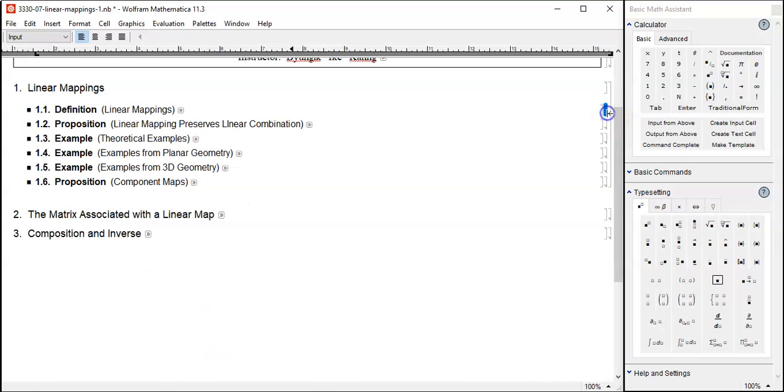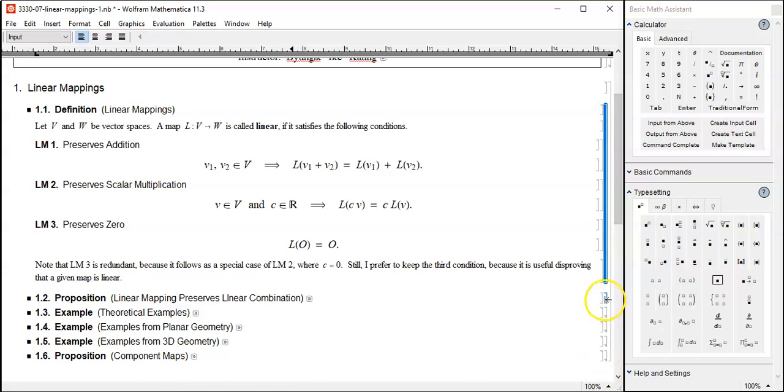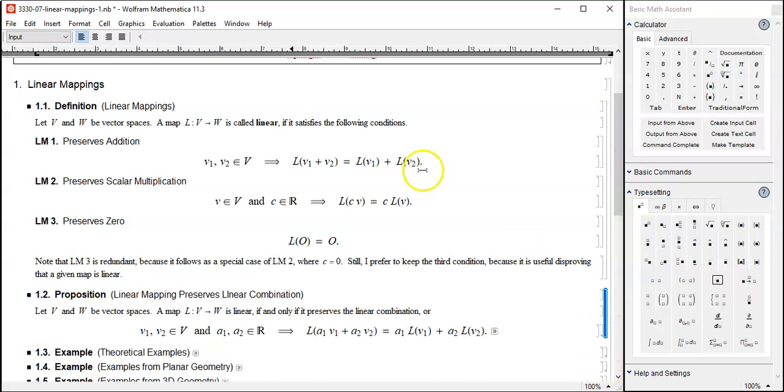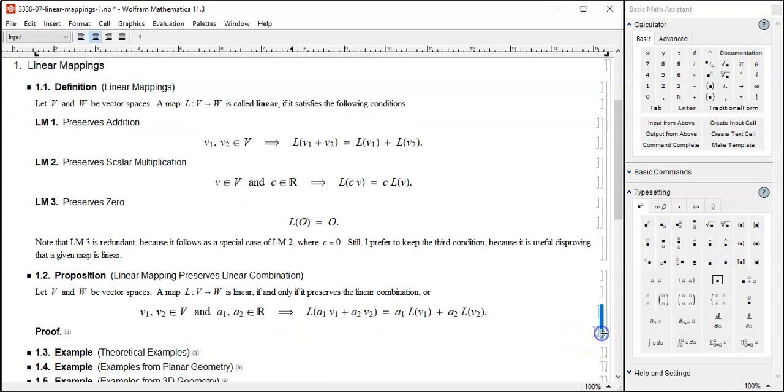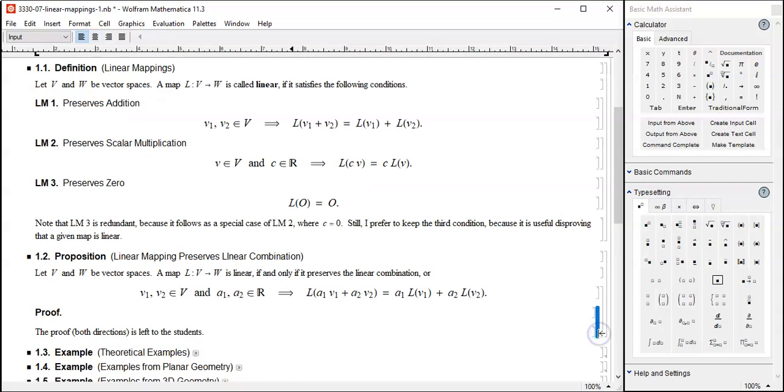Before moving on, let's take care of one more thing. It is possible to combine these two, preserving addition and preserving scalar multiplication, into a single expression, preserving linear combination. Can we actually prove it? Well, the proof is left to the students.